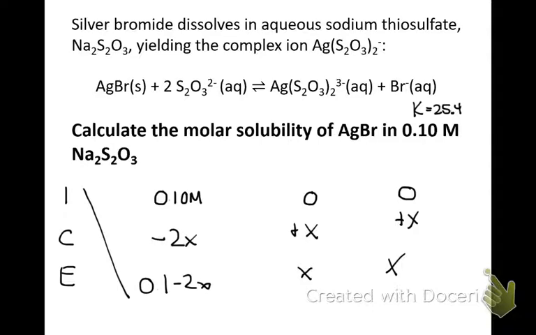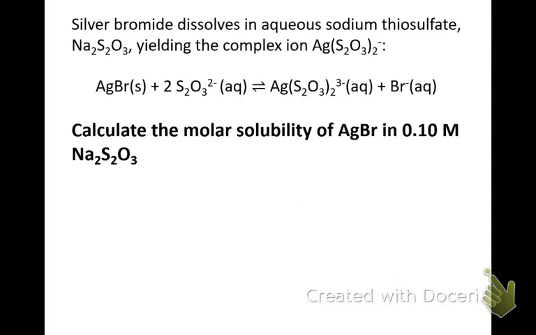All right. So if we do all of that and get our K expression, K here is going to be x over (0.10 minus 2x) squared equals 25.4.